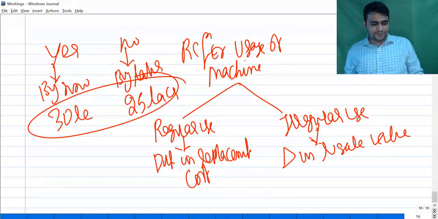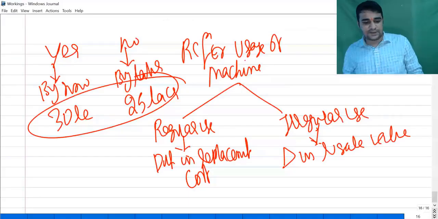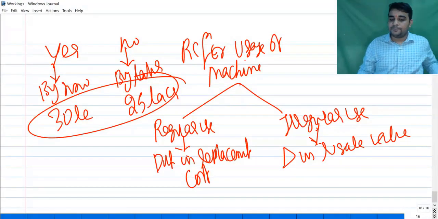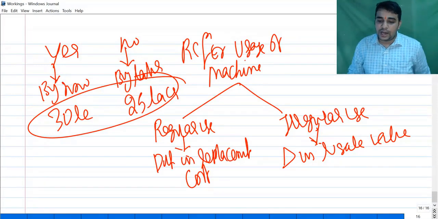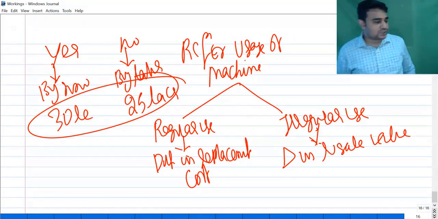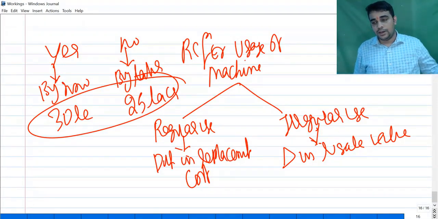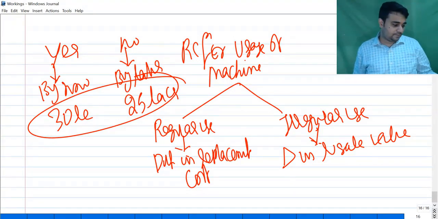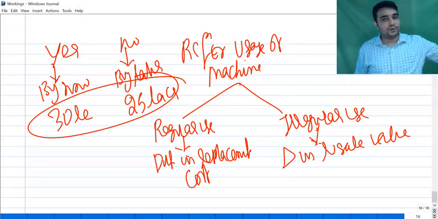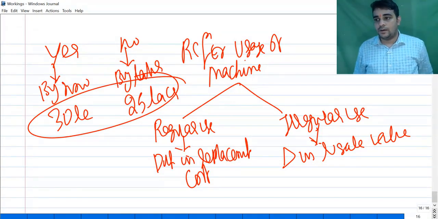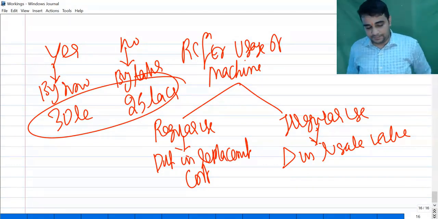Maybe leave some 6-7 lines. Captive usage or usage of machine, two sides: regular use, irregular use. Fan won't work, we are adjusting the AC part.